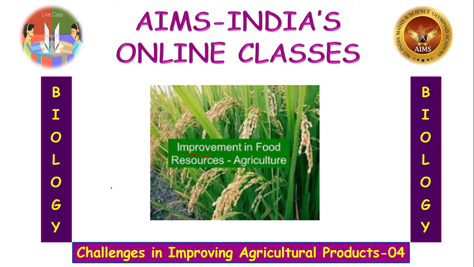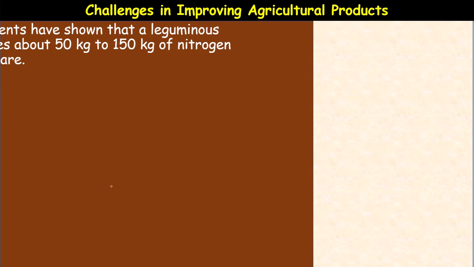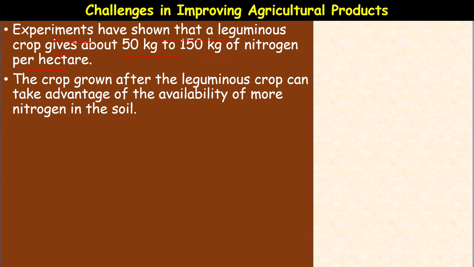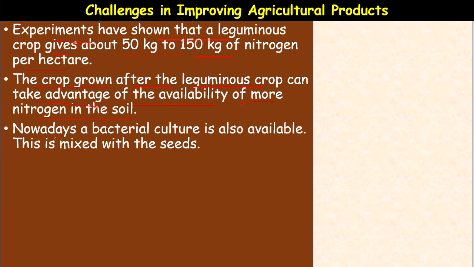Let us discuss more about this nitrogen and its role. The experiments have shown that leguminous crops give about 50 kg to 150 kg of nitrogen per hectare. The crop grown after the leguminous crop can take advantage of the availability of more nitrogen in the soil.